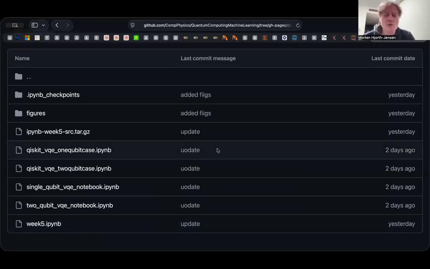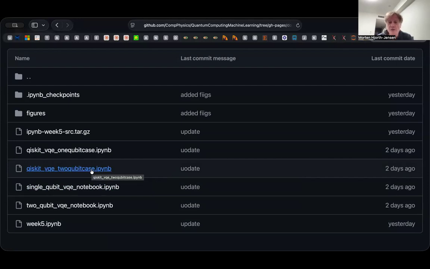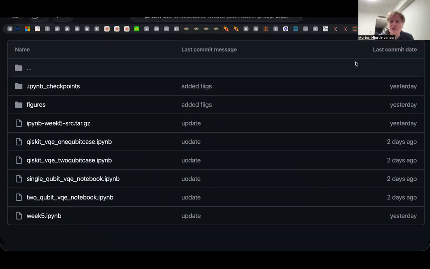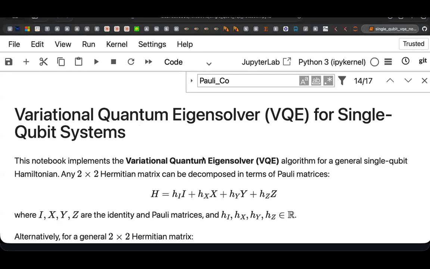The codes which we are going to look at today are the 1-qubit examples and the 2-qubit examples, which then apply to exercises A, B, and C and D in the project. So let's now switch to the 1-qubit case. Let's go to that specific notebook.